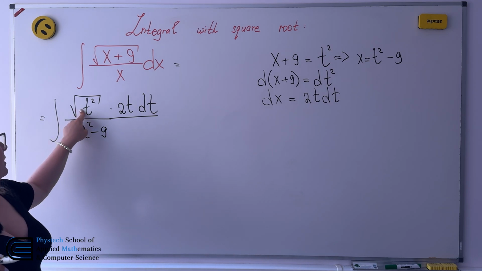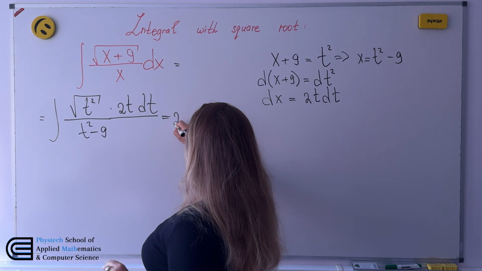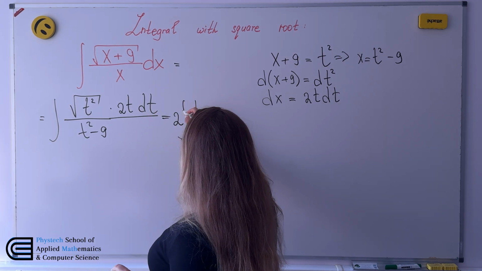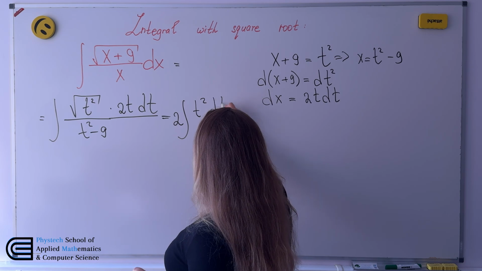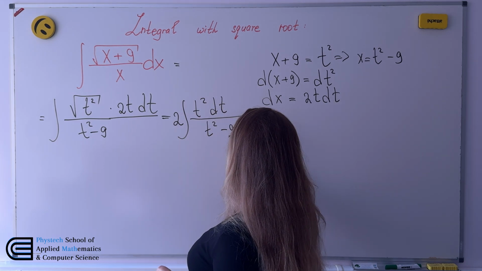So here we have t, here we have t, and 2 I will write here. Then we can see that here we have t squared dt divided by t squared minus 9.